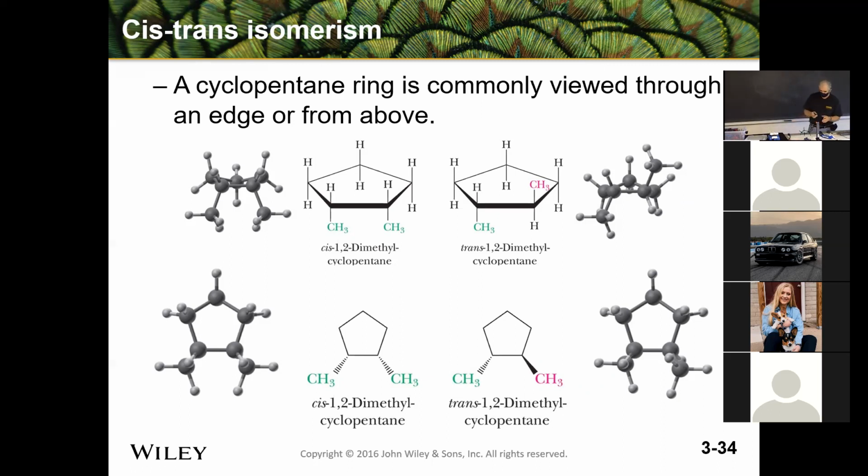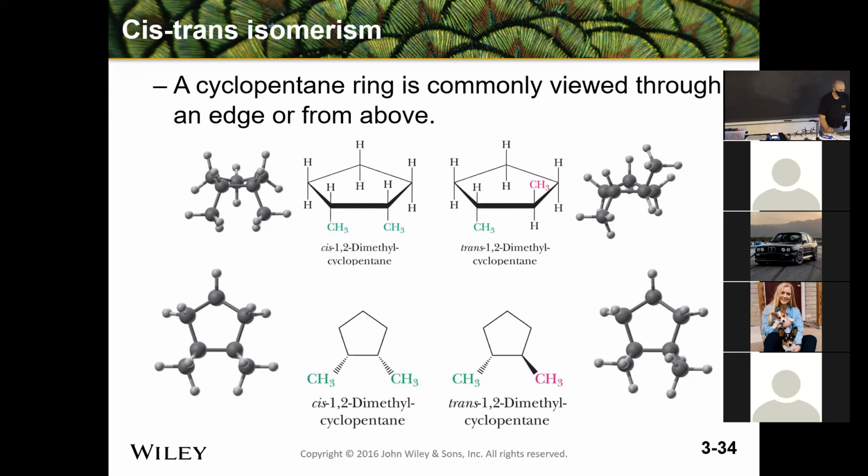With an alkane, you have different conformations, but you don't have cis-trans isomers. So we include the prefix cis at the beginning. That's cis-1,2, and this is trans-1,2.